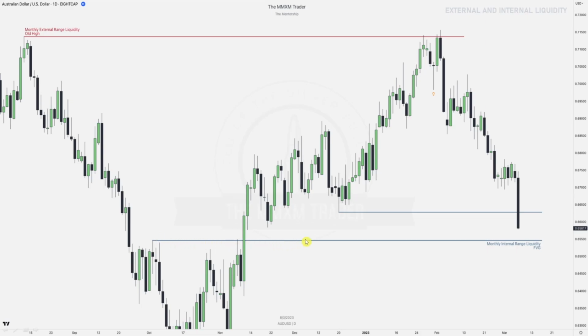We have this outlined down here. Now we need to wait for a little bit of confirmation as always, so we wait for a break of structure. That happens after we rate the monthly external. Break of structure down here, return back into premium, and it continues down into that fair value gap.